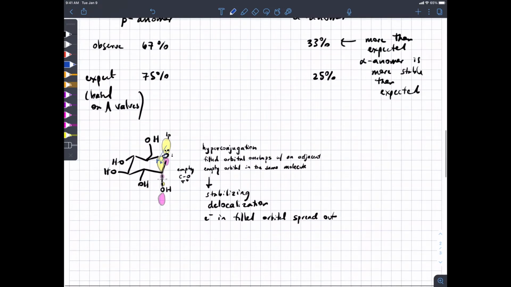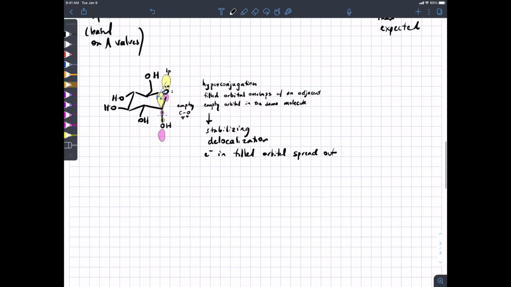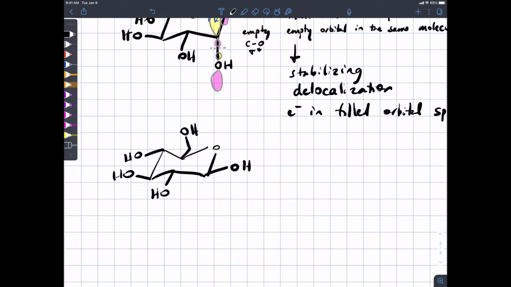In the beta anomer, the geometry doesn't work out quite as well. Because in the beta anomer, the OH bond is pointed in a different direction. We can still draw the sigma star associated with that OH bond, but it's no longer going to overlap well with this lone pair that's on oxygen.